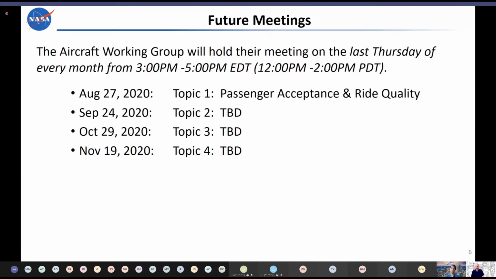That is going to be the topic that we originally had planned for last week, but we decided we wanted some more time to put together the discussion. It will be on passenger acceptance and ride quality, which ties in with automated flight and contingency management, in that we have to know how passengers accept automated flight. It's a bit of a question there.